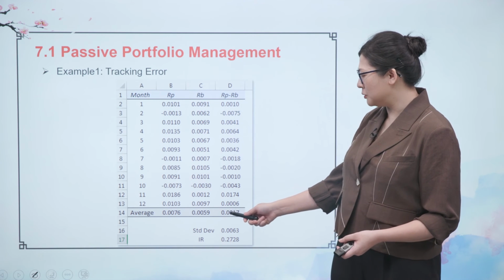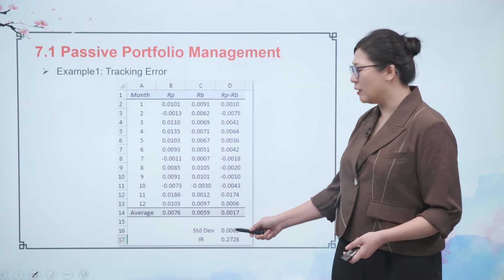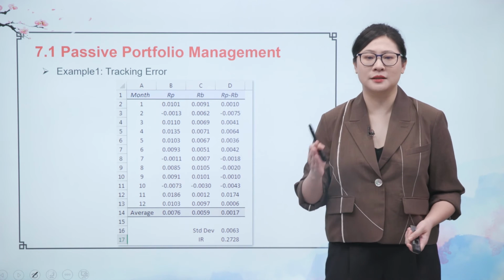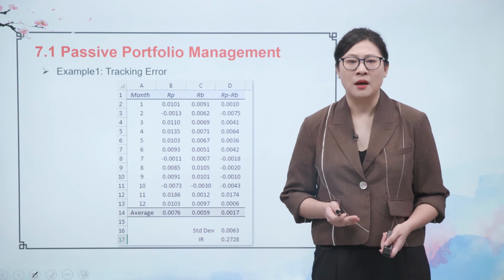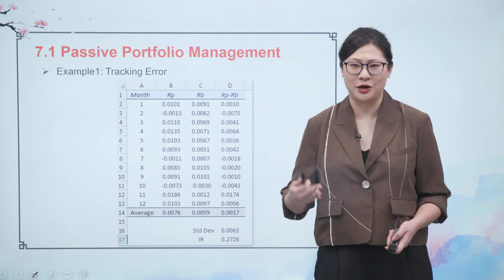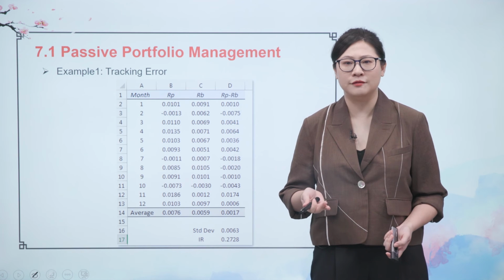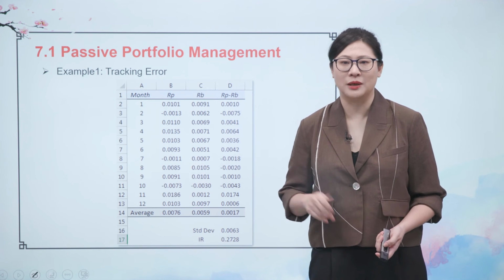It's equal to 0.0017 over 0.0063. So that's your information ratio. Now in this case, we show you how to calculate the tracking error, the active return, the active risk, and the information ratio.